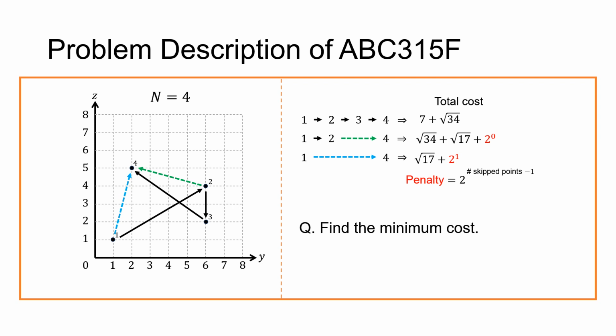The penalty is given by 2 raised to the power of the number of skipped points minus 1. Our target is to find the minimum sum of the total distance and the penalty, just called cost here, among all the routes from 1 to n.